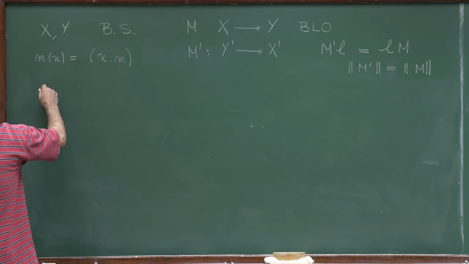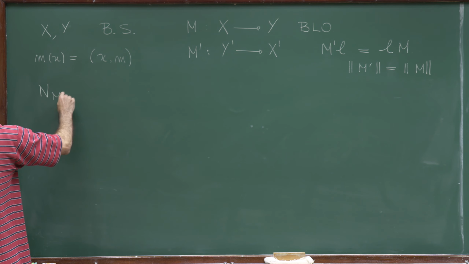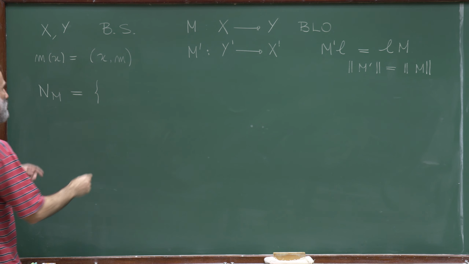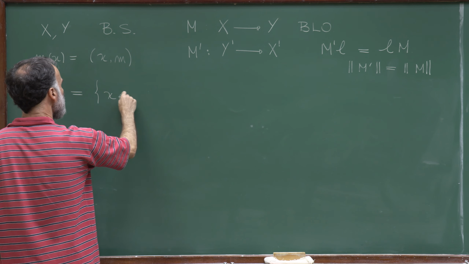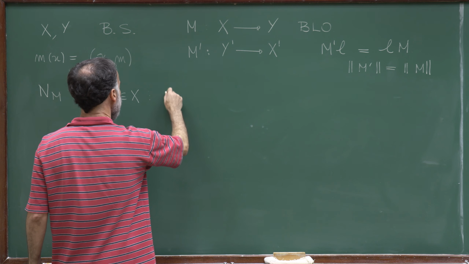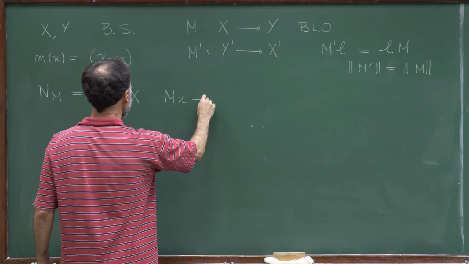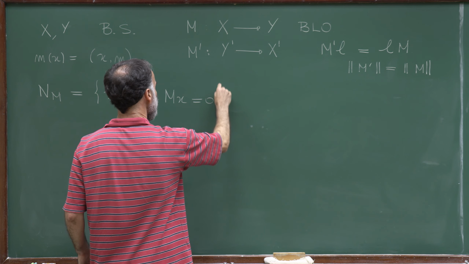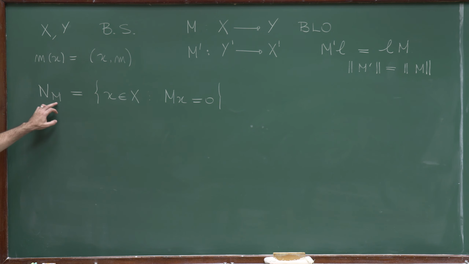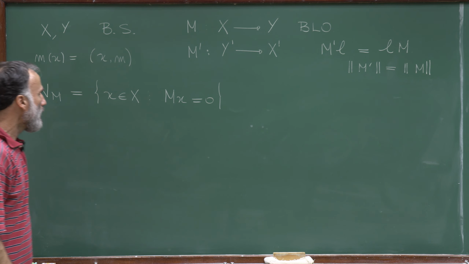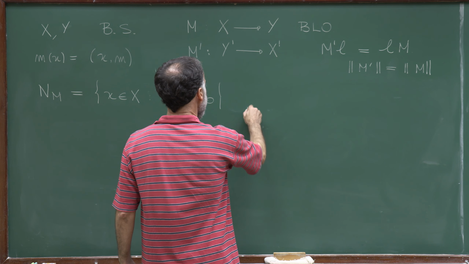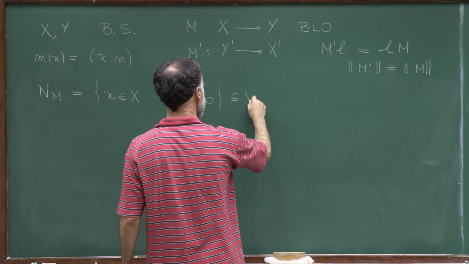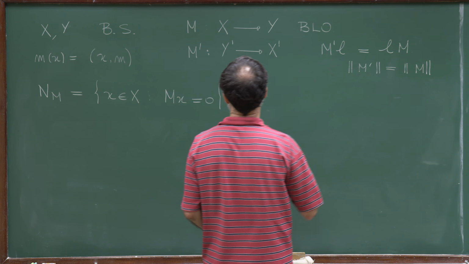So now let me recall that Nm is the null space of M. So these are all x in X such that M of x is equal to 0. So the null space of M is a subspace of X. Now let me consider M prime.